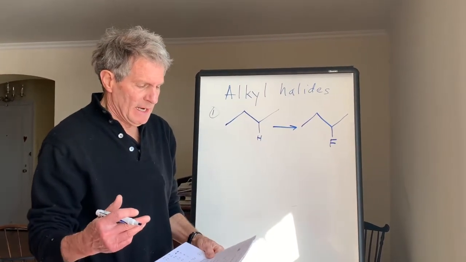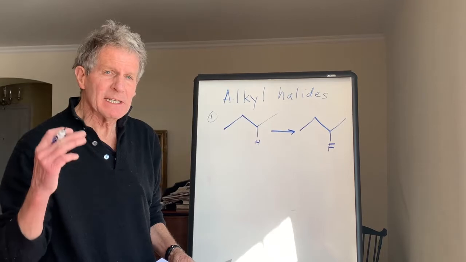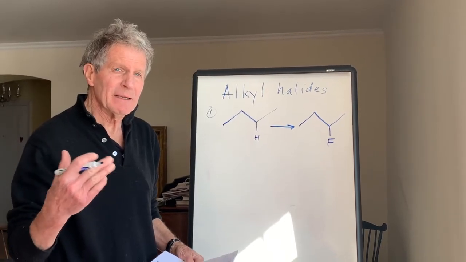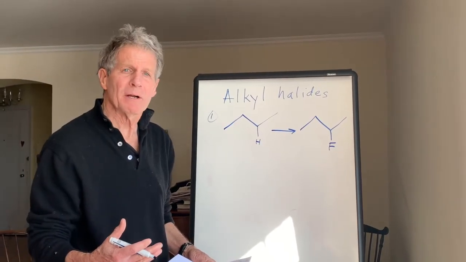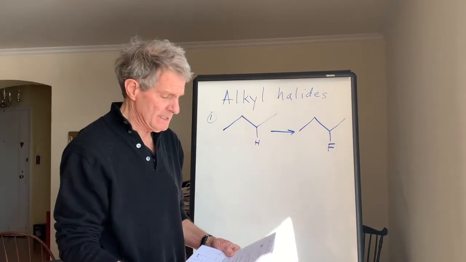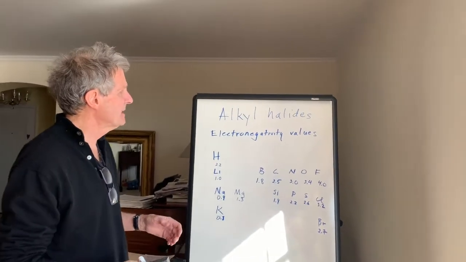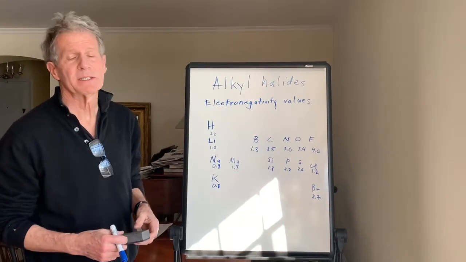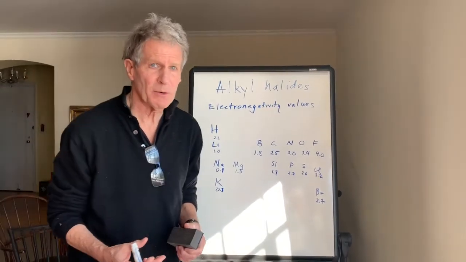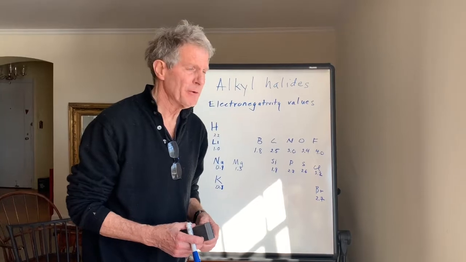And the significance is made numerical by Linus Pauling's table of electronegativities. The notion of electronegativity is an invention of Linus Pauling, I think in the 1930s.